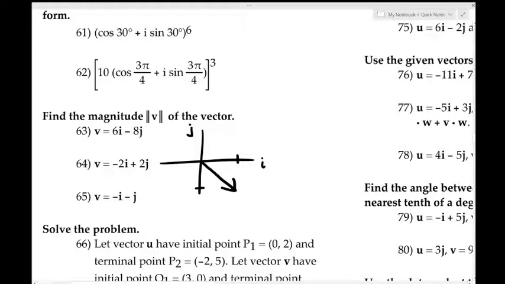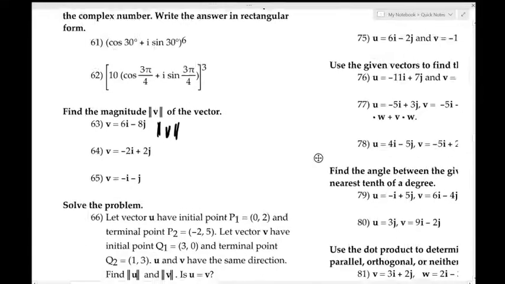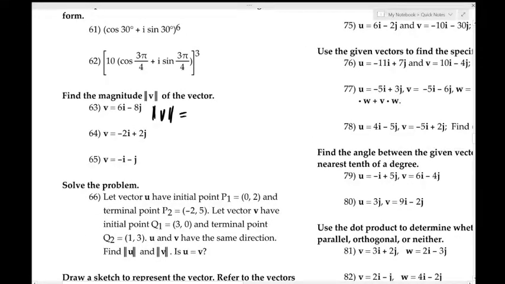Now its length is given by the square root of the value that's in the i component squared plus the value that's in the j component squared, or the coefficient. Okay, so let's do it. So magnitude of v is equal to square root of 6 squared plus 8 squared.